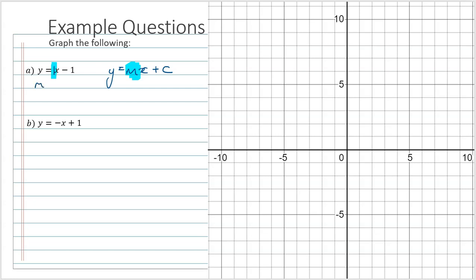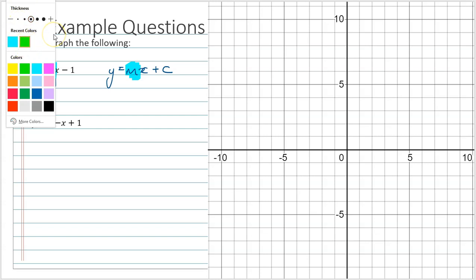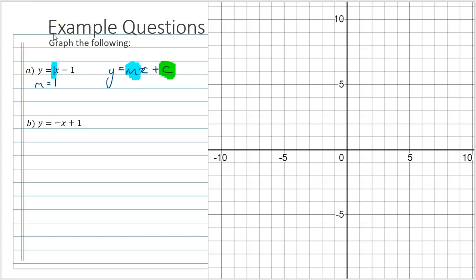So in this case, m is going to be 1. Going across again, we've got the c. So the y-intercept, that is going to be at negative 1. So in this case, c equals negative 1, or the y-intercept equals negative 1.